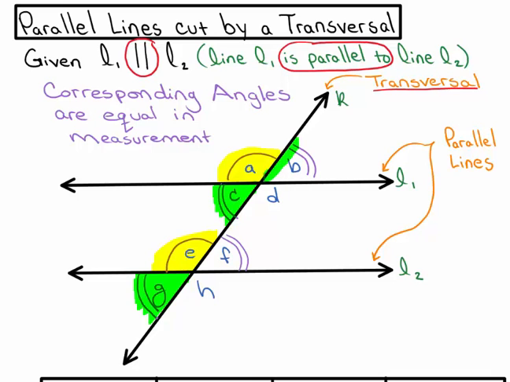So these two angles are also equal to each other in measurement. And angle D and angle H are corresponding angles. So these two angles are also equal to each other in measurement.